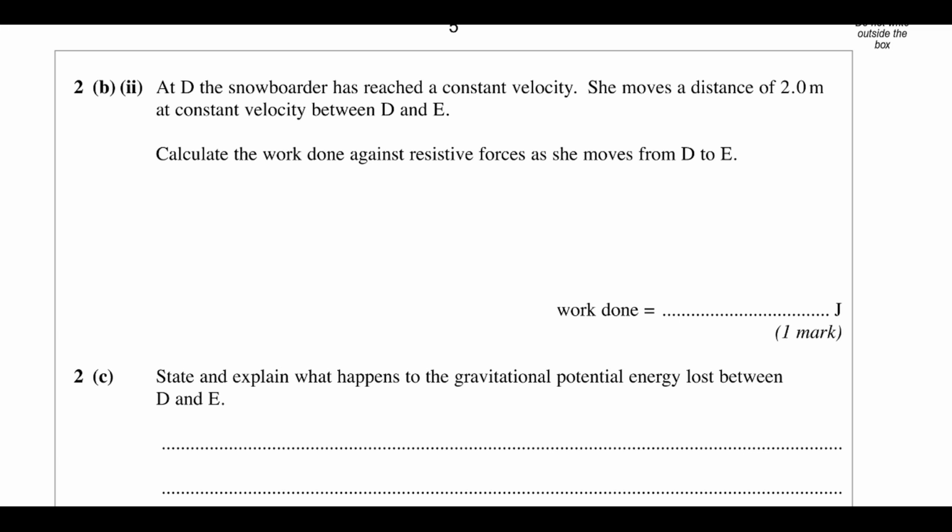So what we can do is use this equation. Sometimes you'll see it with a cosine theta, but they're both parallel to the slope, so they're in the same direction.